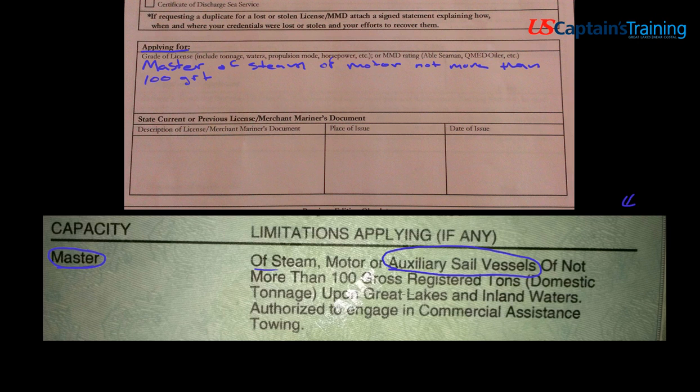Mine says upon Great Lakes and inland waters. This is where I got my time. I got it on the Great Lakes and inland. If you don't have 90 days on the Great Lakes out of your 360 total, watch that time video, it's very helpful. Then you won't get this upon Great Lakes. If you just have it on inland waters, you'll just write inland waters.